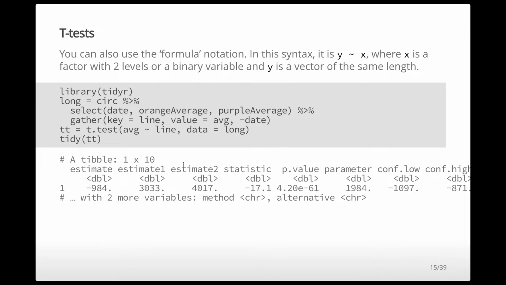So that's why we had to reshape the data, because it wasn't in a format where you could actually do y is a function of x, because y was in two separate columns. Okay? But again, we get the same exact estimate, same exact table and the output after the t-test is done. This is important, again, because this is the way we're going to specify models in the next section.